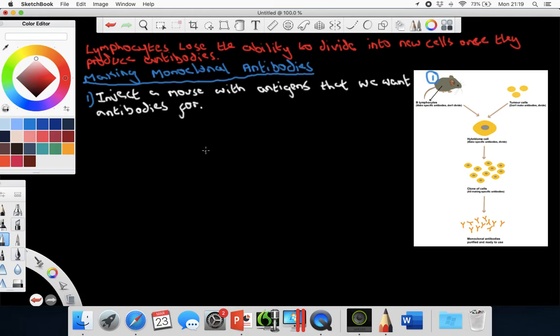And we can say that the mouse lymphocytes make antibodies that fit.